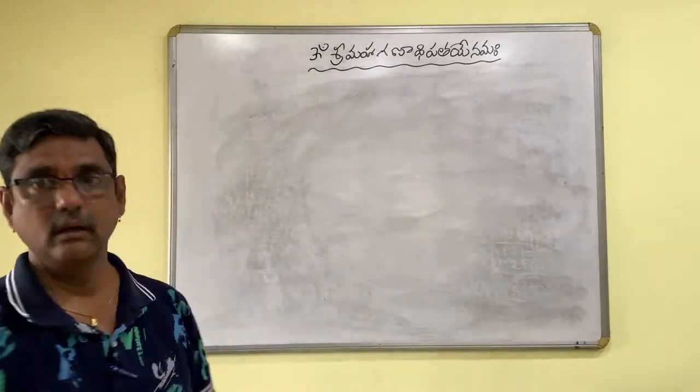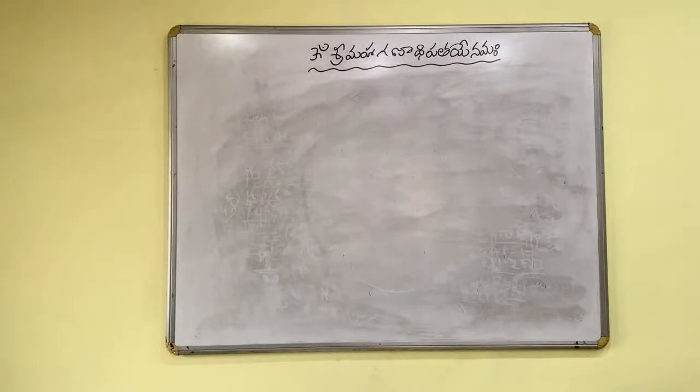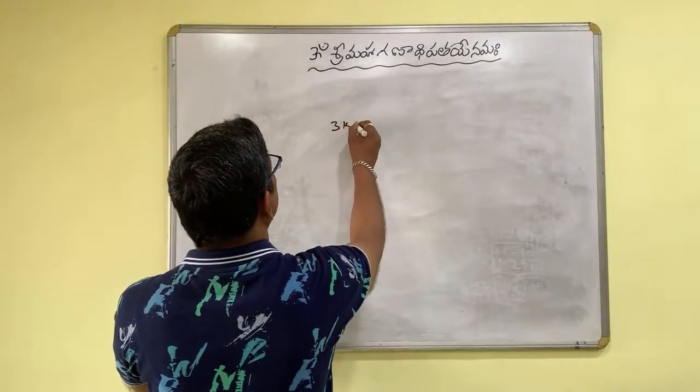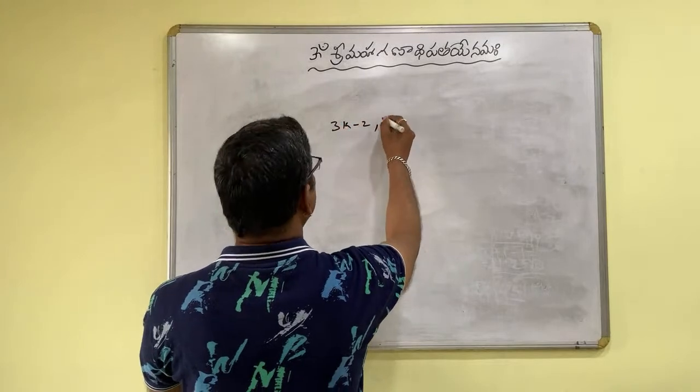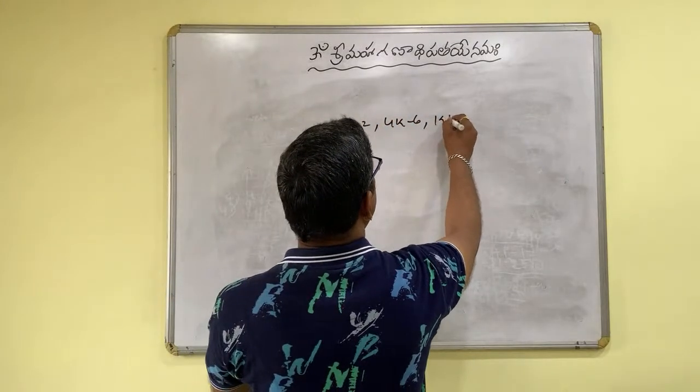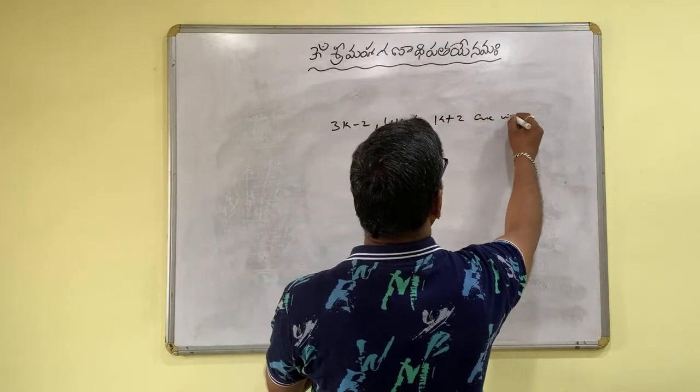Now, see, first problem. Determine K if 3K minus 2, 4K minus 6, K plus 2 are in AP.